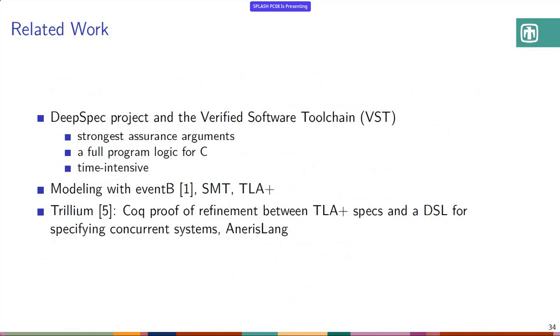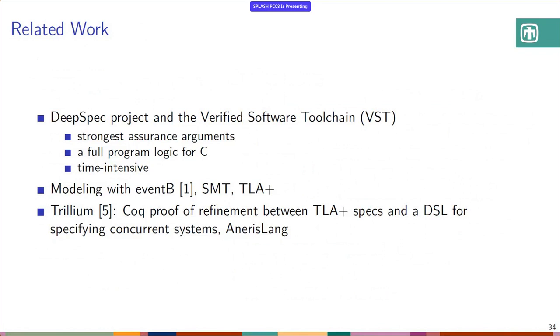Now, this provides the strongest assurance arguments because it has a full program logic for C in Coq. The problem with this is it's very time intensive. It's also brittle, which is to say if you change the C program, your proof will likely not work. Now there's some work in proof repair, but in our experience, using VST is more time intensive than we are able to do.